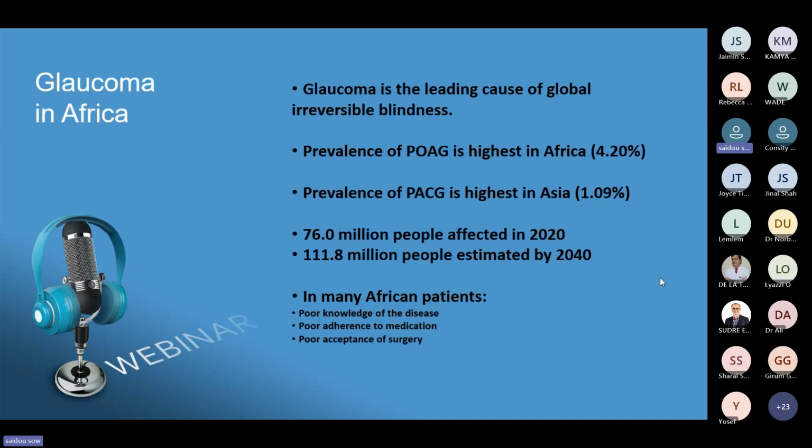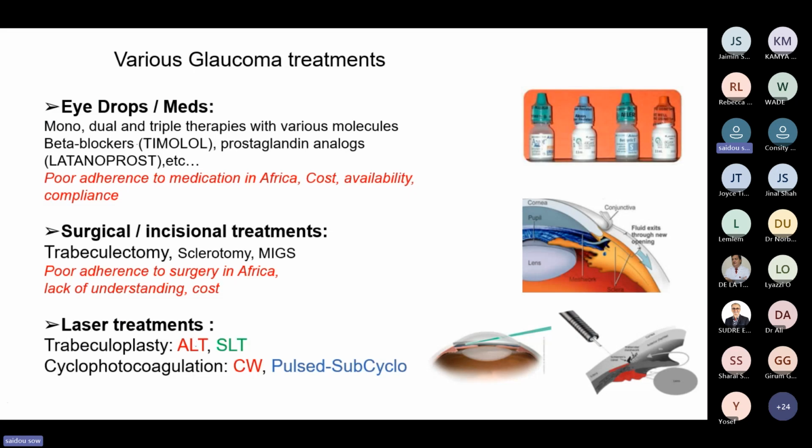In many African countries, we are facing challenges with our patients because of poor knowledge of the disease, poor adherence to the medication treatment, and also poor acceptance of the surgery. There are a variety of glaucoma treatments. As we know, there are drops, which can be mono, dual, or triple therapy with various molecules.